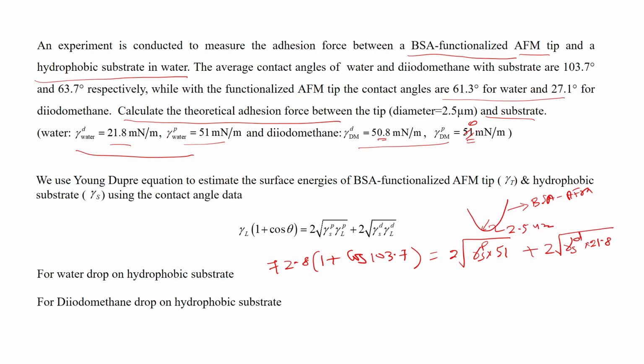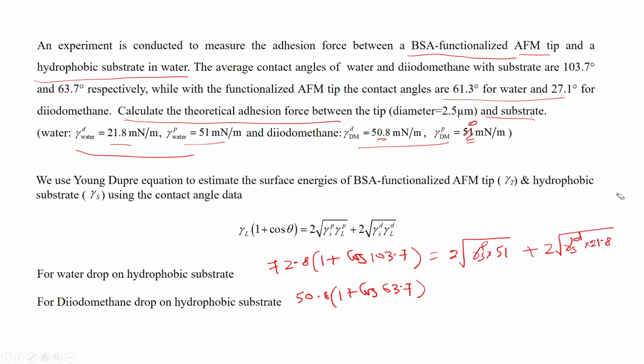So this is 50.8 into 1 plus cos of the angle here, 63.7. So 63.7 is the contact angle of diiodomethane on the surface of this hydrophobic surface.